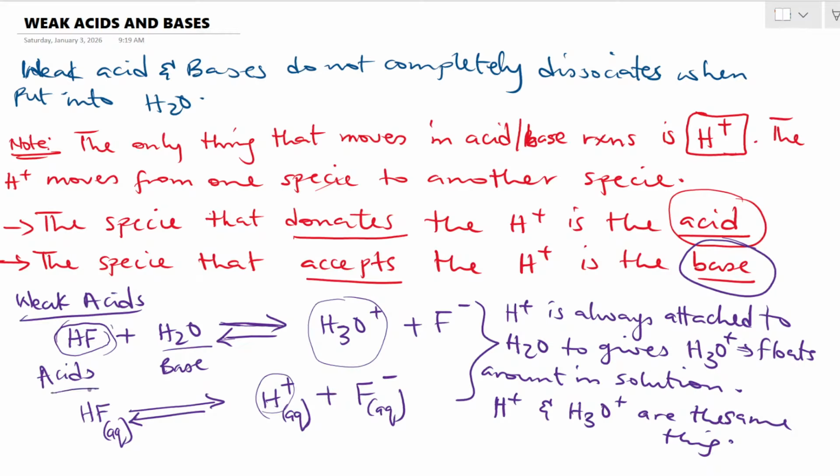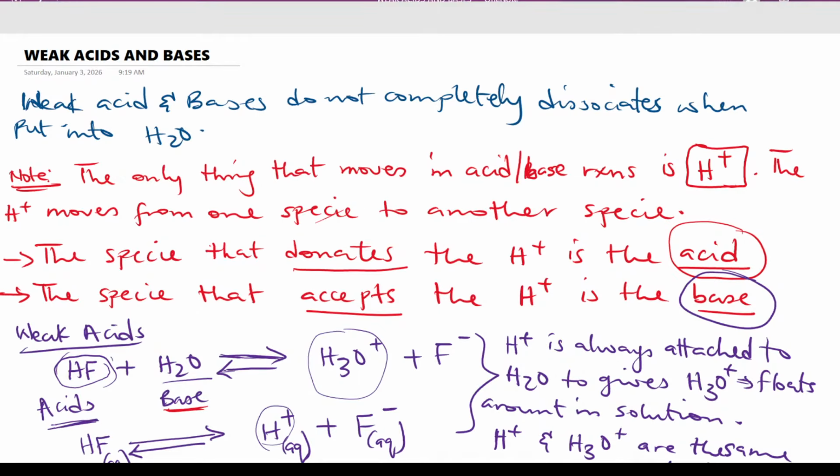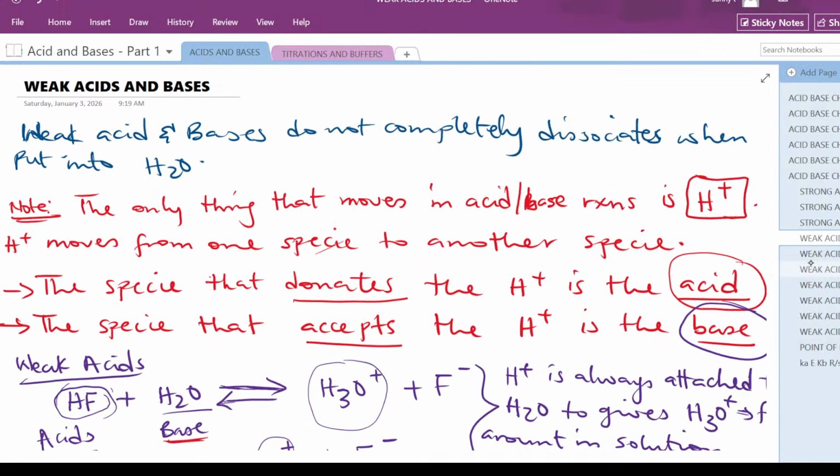The one that donates the proton, or the H plus, is the acid, and the one that accepts the proton is the base. So at the end of the day, all of that is floating around freely in solution. So we just move right along.